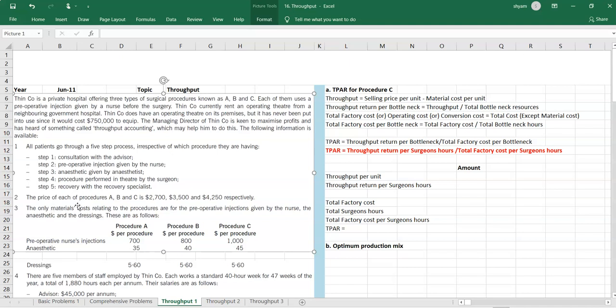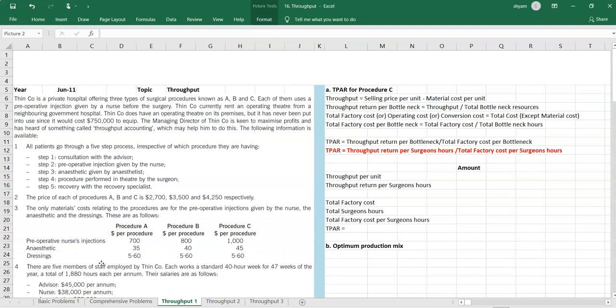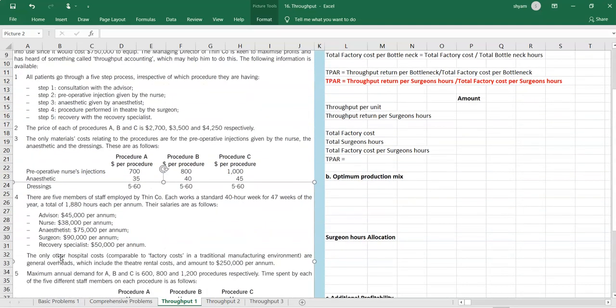Why is he giving the material cost? Selling price minus material cost will give you the throughput. So these are as follows: procedure A, B, C, dollars per procedure for all of them. It's going to be the pre-operative nurse injection, anesthetist and dressing cost. All of them are given here.